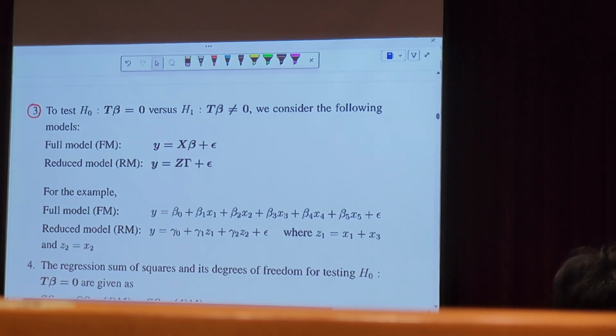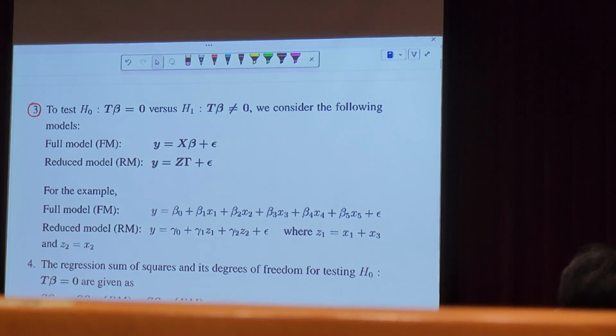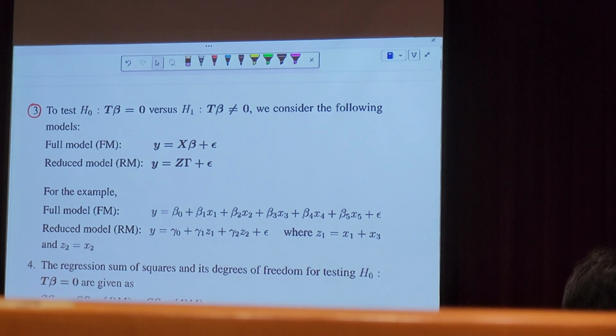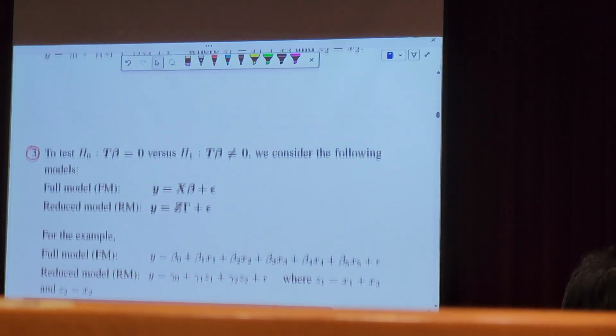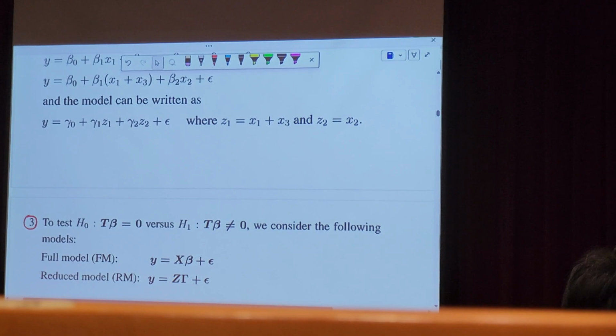So to test T beta equal to 0 versus T beta not equal to 0, we consider these two models. Y equal to x beta plus epsilon, that's our full model. By applying T beta equal to 0 to the full model, we get the reduced model. So the reduced model, for example, is this one.